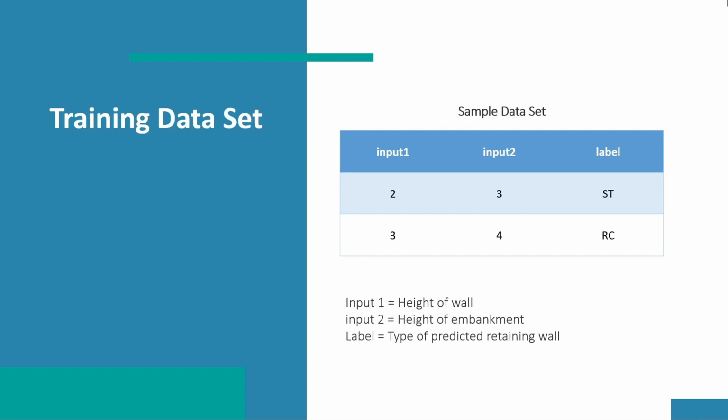So in this model we are going to give our model two inputs, that are height of wall, that is our retaining wall, and the height of embankment, and the model is going to predict the suitable retaining wall for the given heights. So let's move to the code.